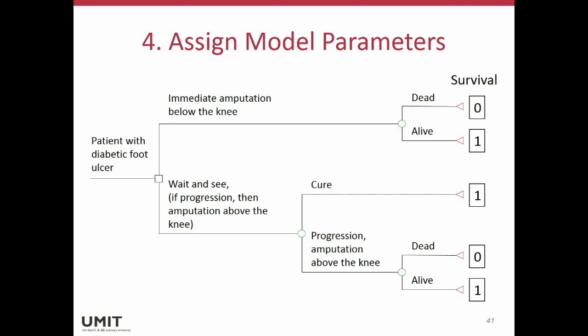So we put in these two probabilities, which have a sum of 1. What's the probability of cure in the lower branch? 70%, right? And then we're done if you're cured. But if you're not cured, then what's the probability of dying after the amputation above the knee? Who remembers? 10%. So we put in 10 and 90%.